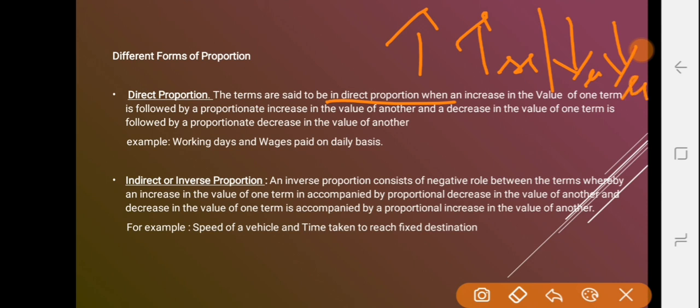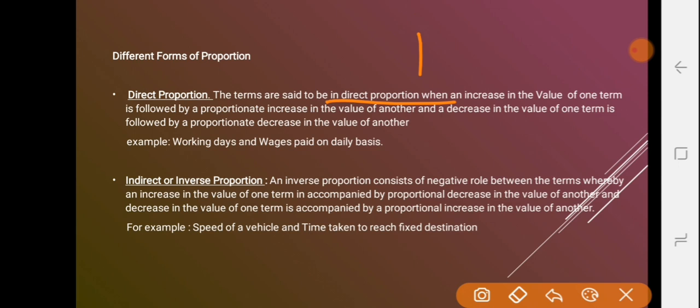So whatever you are comparing, if there is any increase, it leads to an increase of the other term also. If there is any decrease, it leads to a decrease of the other term also. That is said to be direct proportion, where the proportions are directly related to each other.